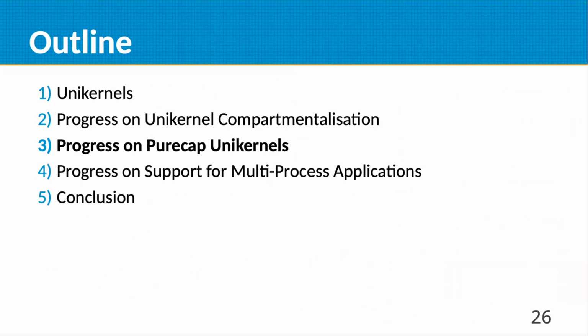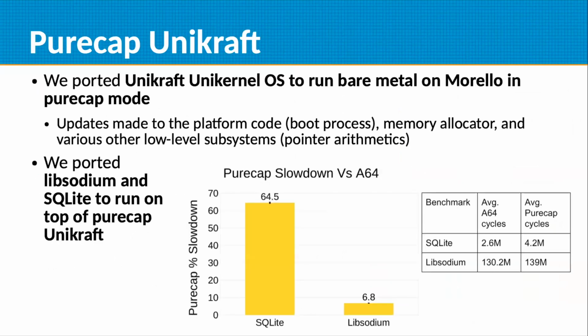A second thing we studied is PureCap. We ported Unikraft, which is a popular unikernel, to run bare metal on Morello in PureCap mode, with various modifications to the source code of Unikraft, quite similar to what we've seen in the first presentation of this session. We ported once again libsodium and SQLite to run in PureCap mode on top of the PureCap kernel.